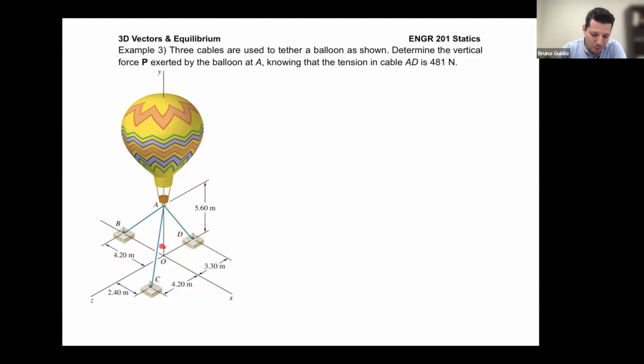Bruno, can I move this origin to this one here and have it like this? Yes, you can. But now you're going to be working with negative Y, all of them negative Y. But then will I get different answers for the forces?